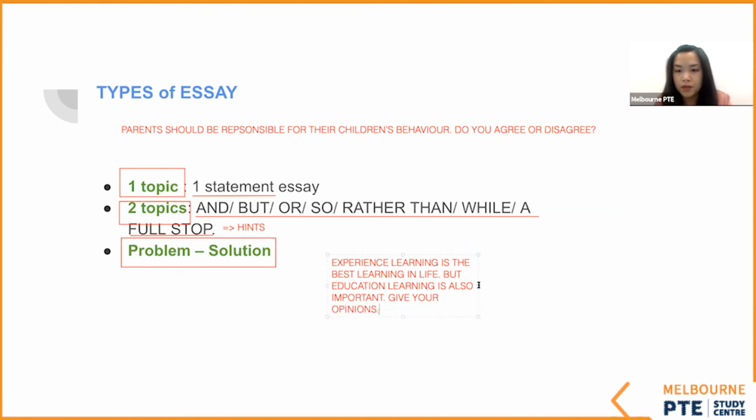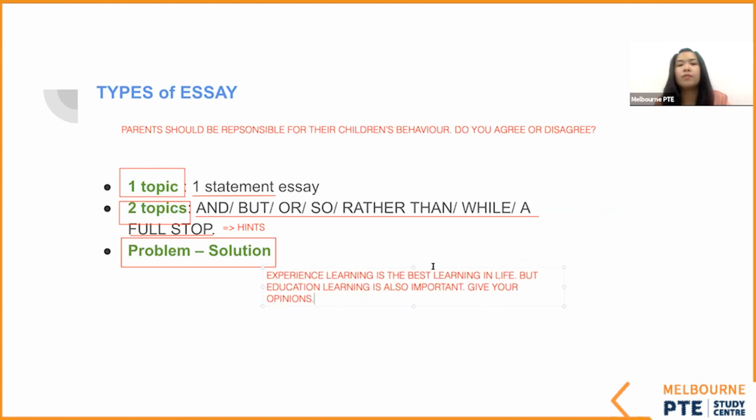Okay. So for example, this is the topic. Experience learning is the best learning in life, but education learning is also important. Give your opinion. So they give you two sentences, right? In between the two sentences, they give you a connector, a conjunction, but. All right. So they want to tell you that these are the two topics. Which one is the topic?